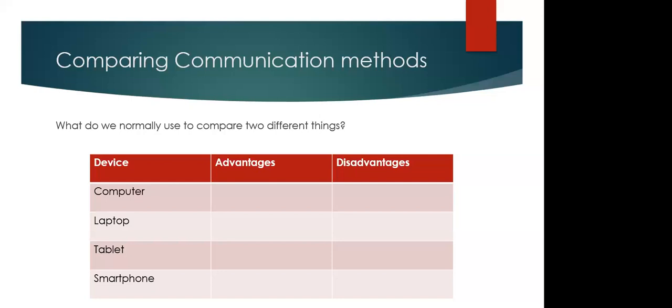So people, we will have two devices. You can choose from the list that is on the table or from the previously mentioned devices from the previous slides. You just need to pick any two and you compare them. I'll give an example. You can tell us that a smartphone is cheaper than a laptop.